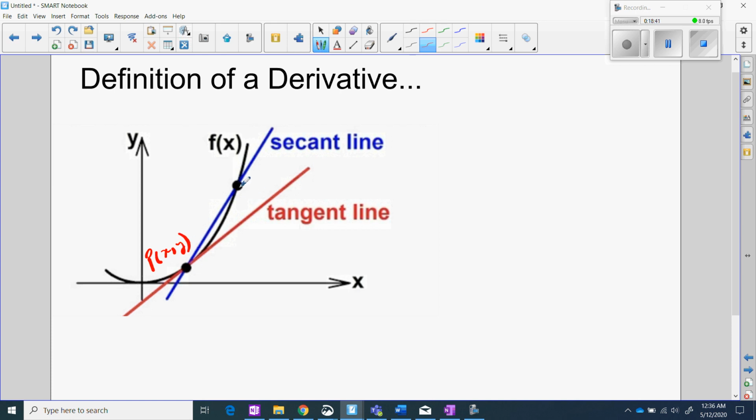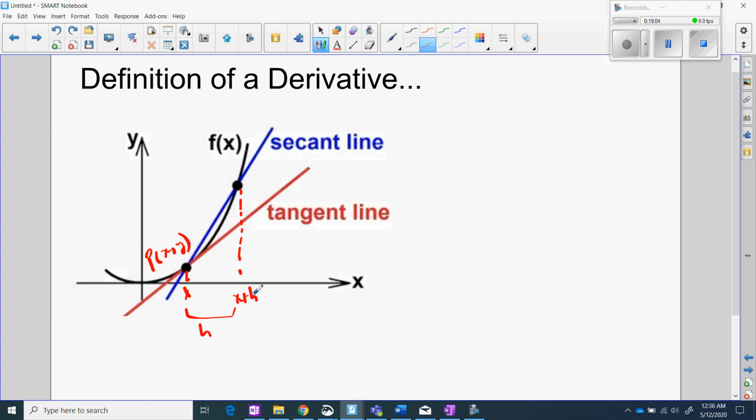Well, then you've got this other point up here, which is drawn at x. You take this point and you put it here and you move over slightly. So we call this point x plus h, where h is the distance between the 2 points.